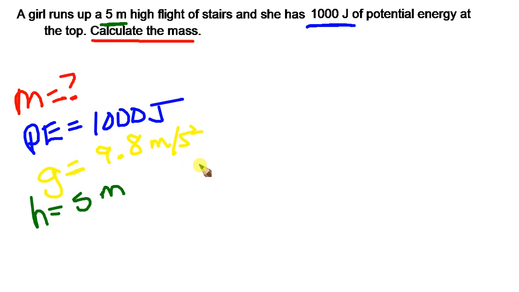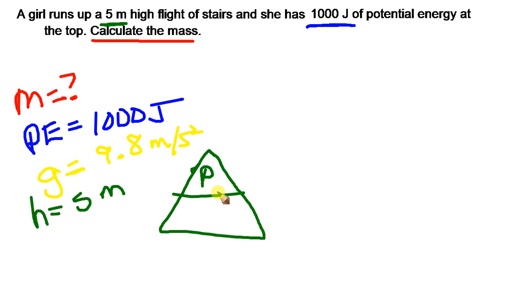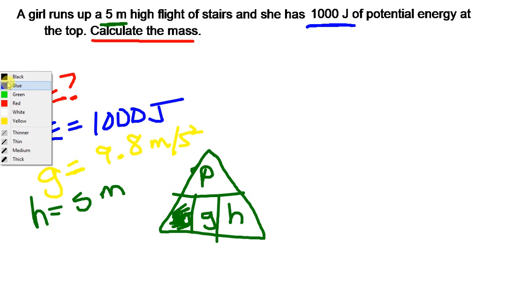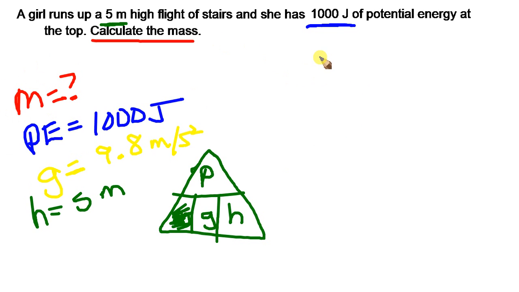Again, I have a situation for that triangle. P divided by m, g, and h. I cover up the m. I see that it is potential energy divided by g and h.